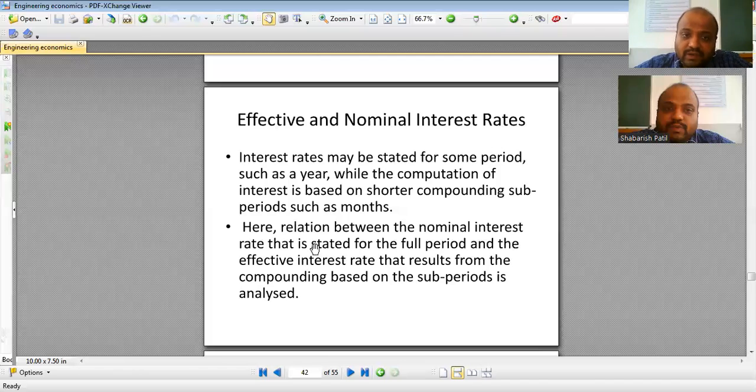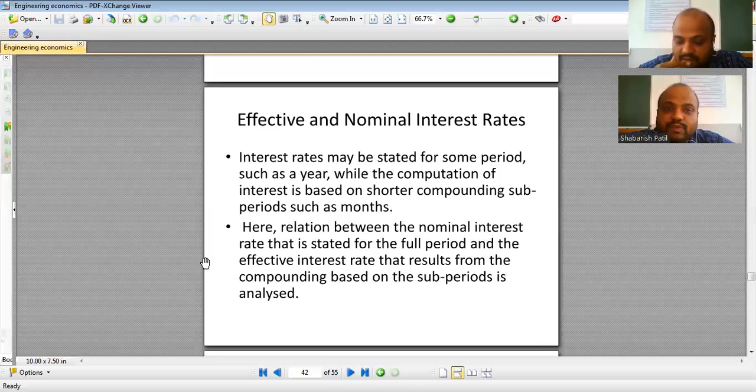Here, generally the nominal interest rate is stated for the full period, and the effective interest rate results from the compounding based on the sub periods. Now we will try to understand the relation between the interest rate which is set for the whole period, and an interest rate which is compounded in the sub periods.